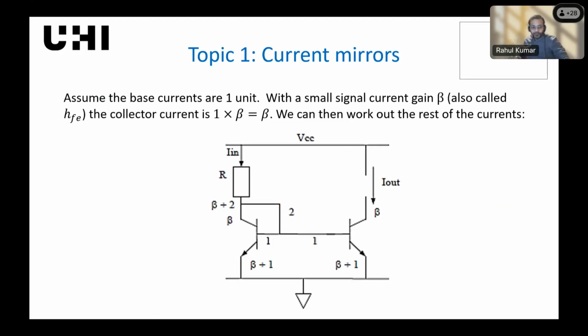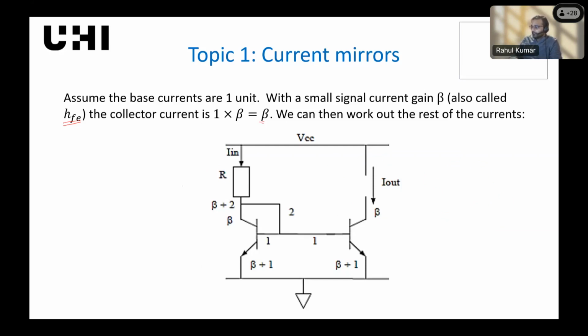Okay. So beta is your current gain. In the data sheet, they use HFE. But for us, we'll use beta as the symbol for current gain. So this is your current mirror circuit.